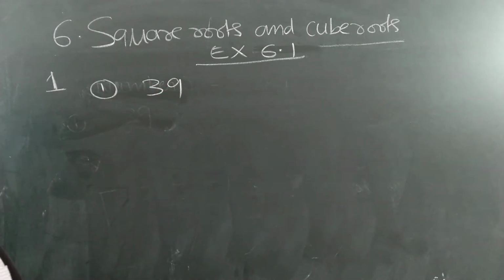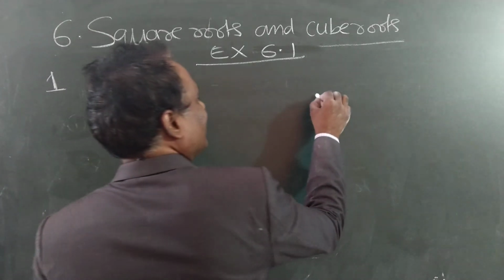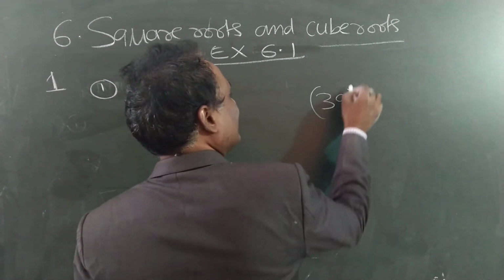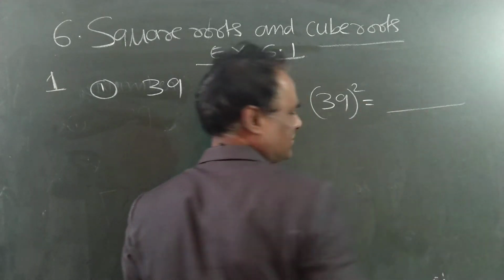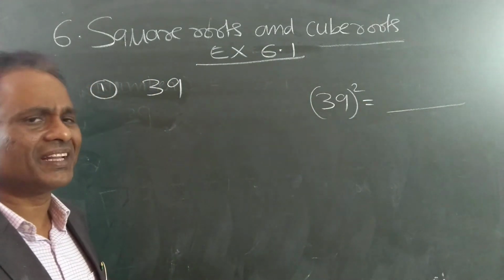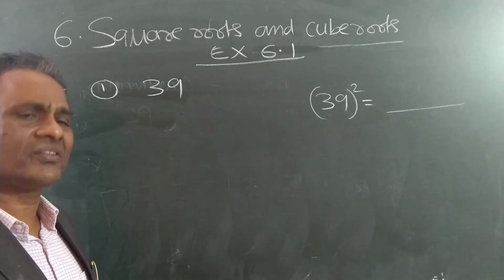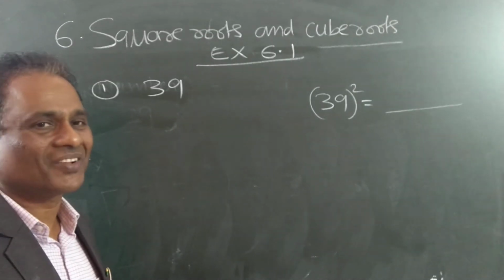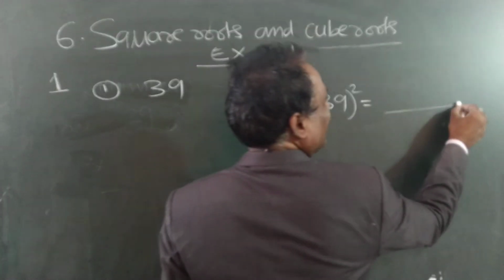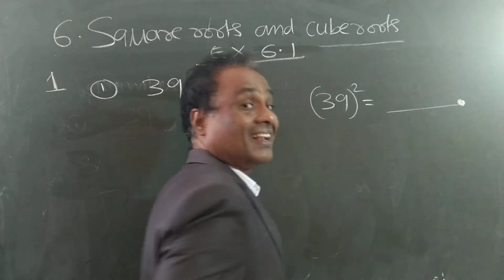What is the number? 39. See students, if we square this, we will get one answer, 39 into 39. But the answer is not required. In that answer, what is the last digit?